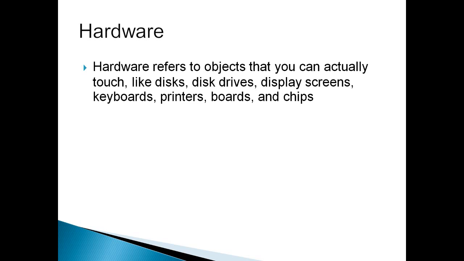Similarly, if we do not have a printer, then we are unable to make a hard copy or a print of a document which is inside our computer. If we don't have a display screen, then we are unable to see what is going on in the computer. So hardware is those devices that we can actually touch and see.